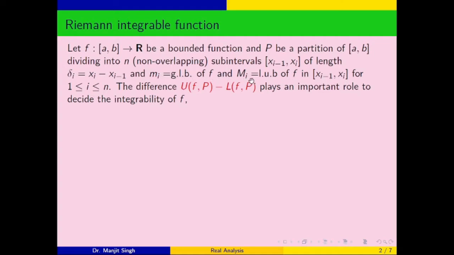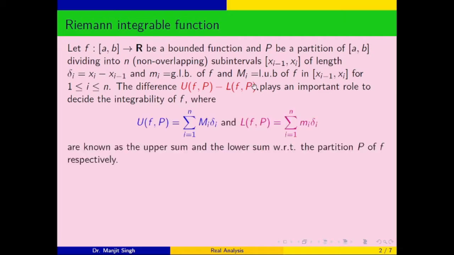We have studied upper sum and lower sum. The value of the least upper bound taken for each subinterval, multiplied by the length of that subinterval and added, gives the upper sum.